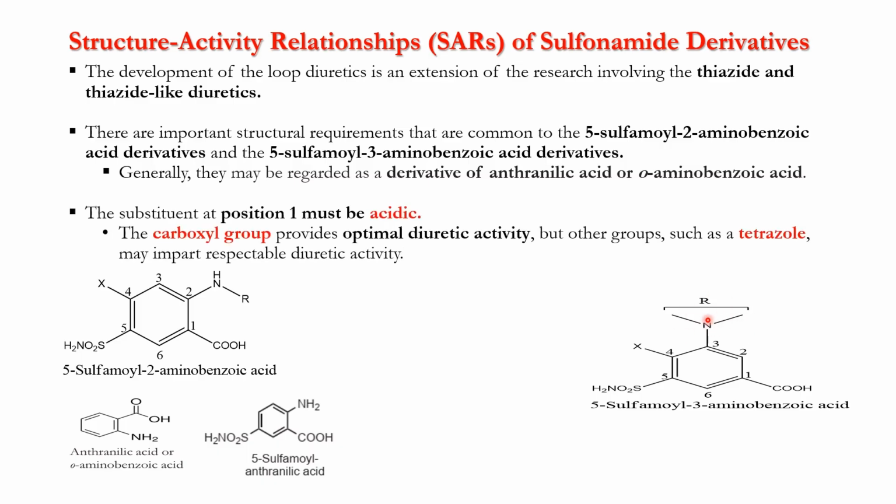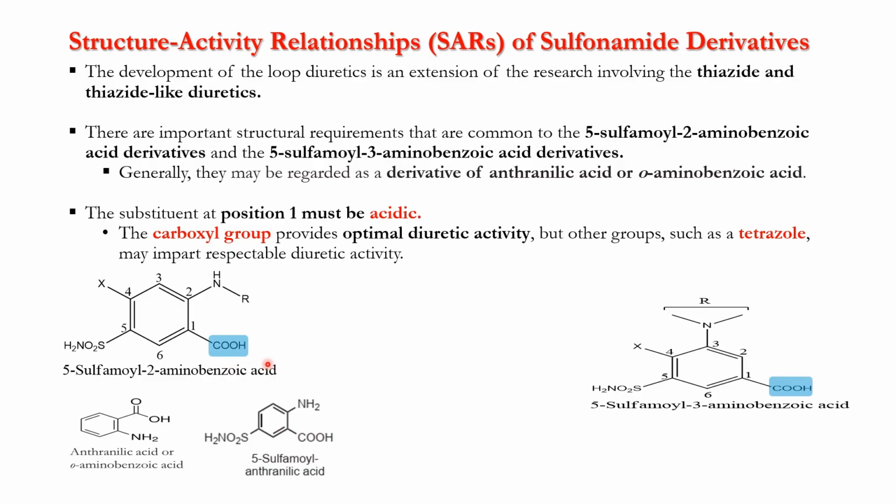When it comes to the structure-activity relationship in detail, the presence of an acidic moiety at position 1 is essential for the optimal diuretic activity of the molecules. The carboxylic acid is here, as you have seen in both molecules, and this provides the optimal diuretic activity. So an acidic group should be there.